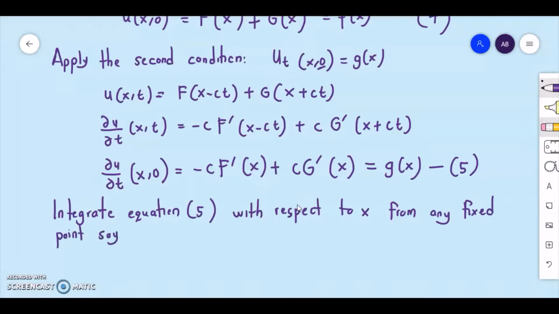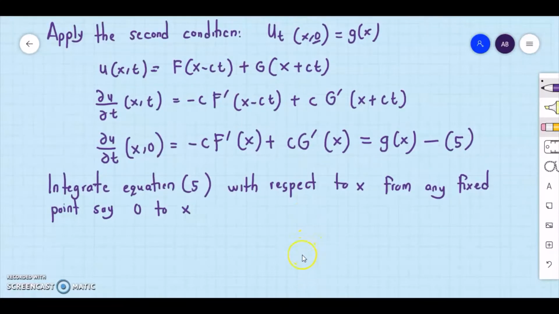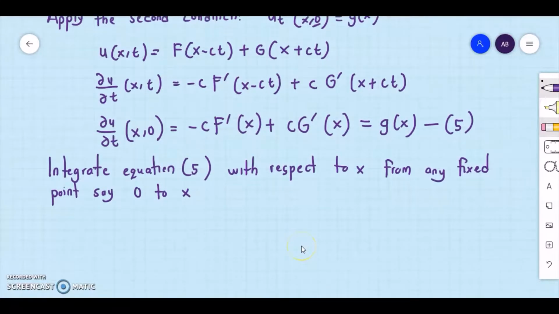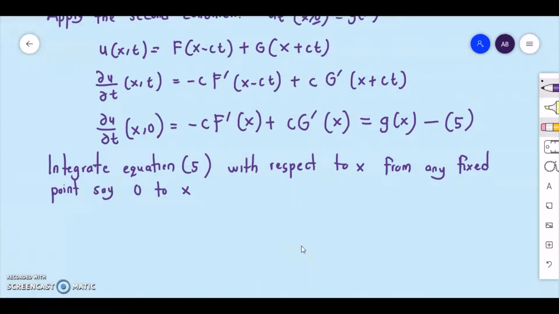That's what I'm gonna do. So in my equation 5 now, I take out the constant c and integrate from 0 to x. So a change of variable happens here. I need to change the variable. So this is x, and I'm integrating from 0 to x, so I'm going to write z as the change of variable.